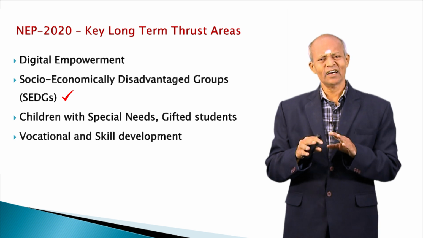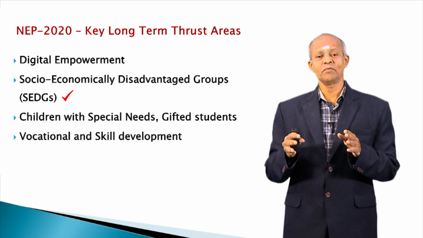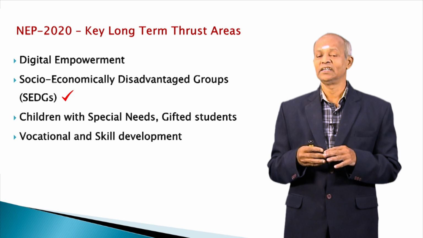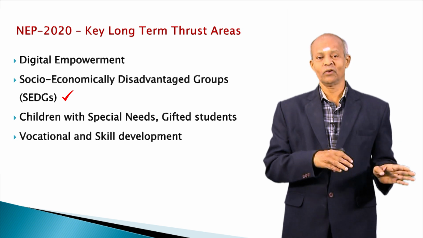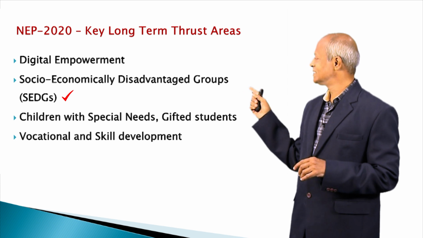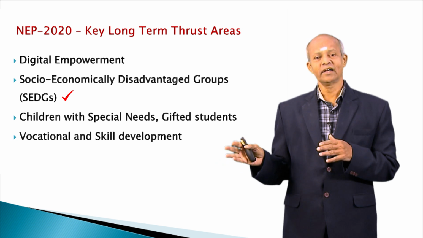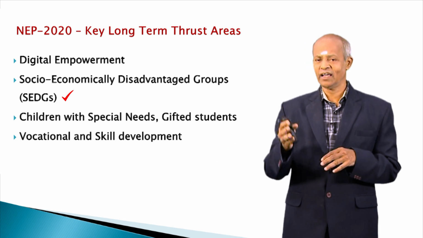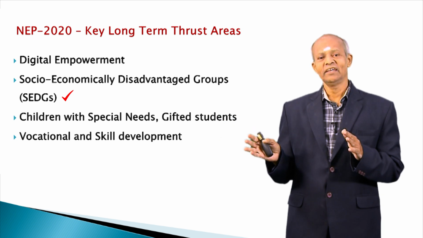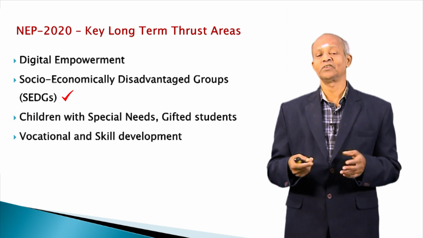So, like that there are so many partialities or differences among the children, and those who are at the lower level are called the socio-economically disadvantaged group. If we are not caring for them, naturally they are left out in society, and so they will be useless for society, they cannot contribute to society.